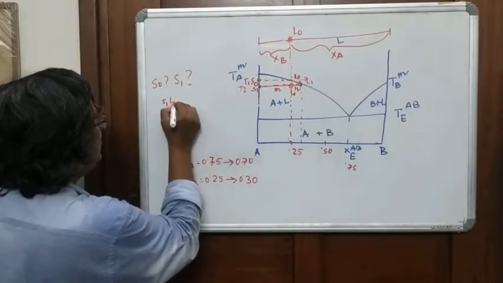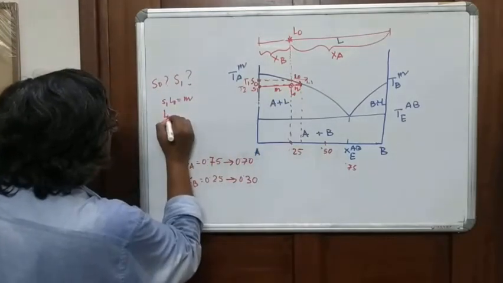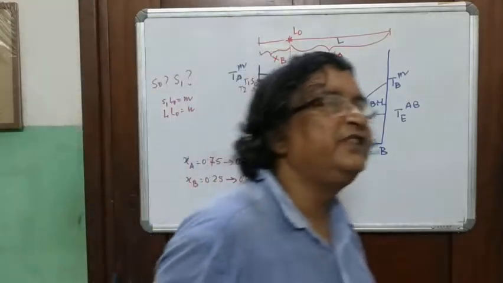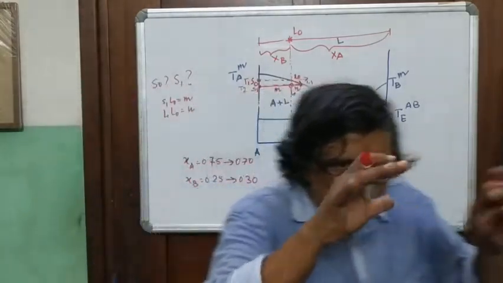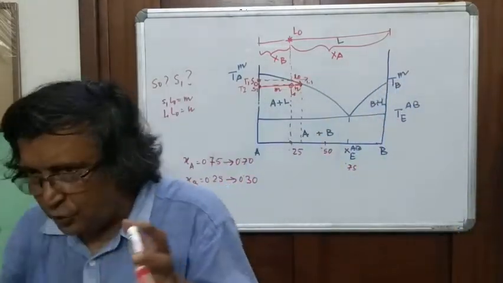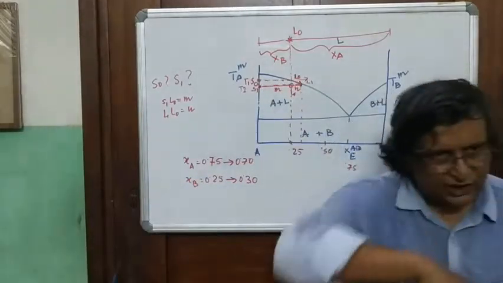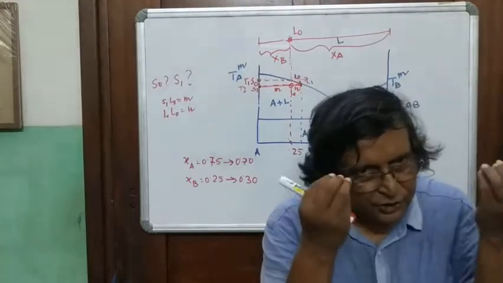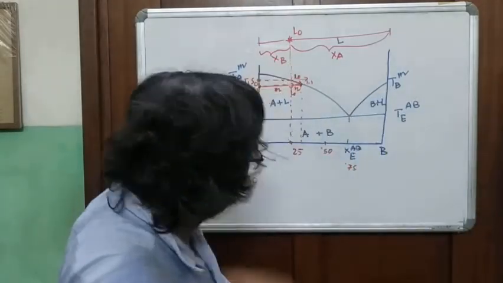S1 L0 is equal to M, and L1 L0 is equal to N. Why am I drawing this? You see, it is a closed system. Let's assume the magma crystallization is a closed system. So whatever you do with the magma and the crystal, the composition of the system is not going to change. The composition remains the same, so all along, the L0 composition has remained the same.